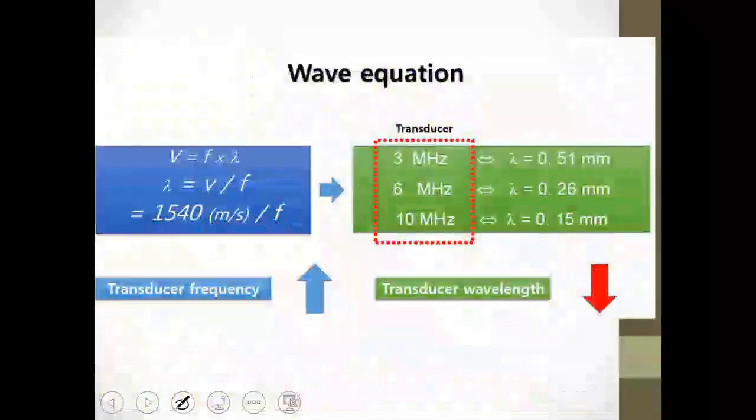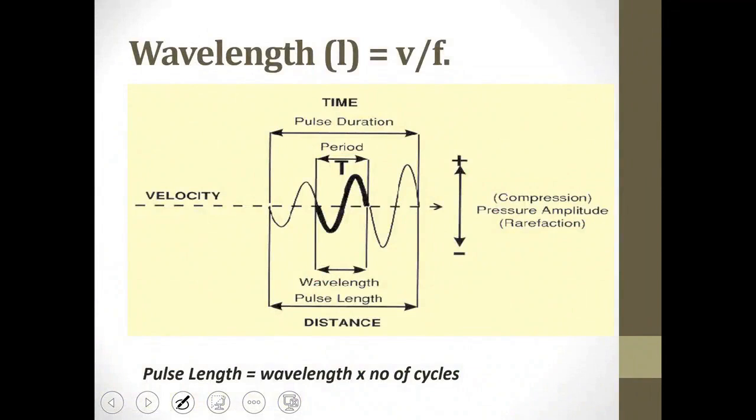The pulse has a wavelength and a specific frequency, and it has a certain amplitude. We said that I have the frequency and 1 over f, which is the period of one cycle.